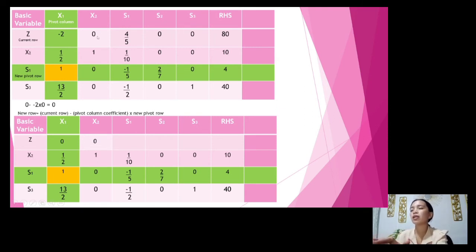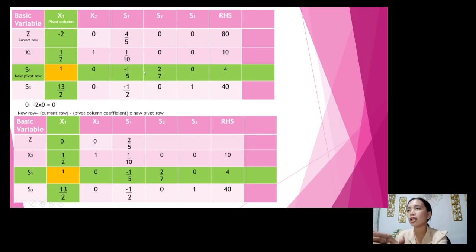Then 0 minus, our current row, the pivot column coefficient, which is negative 2, multiplied by our new pivot row, which is 1. So the result will be 0.